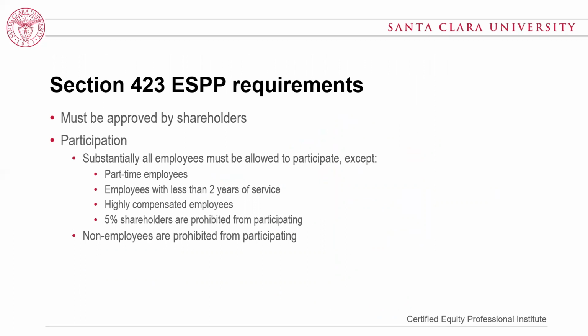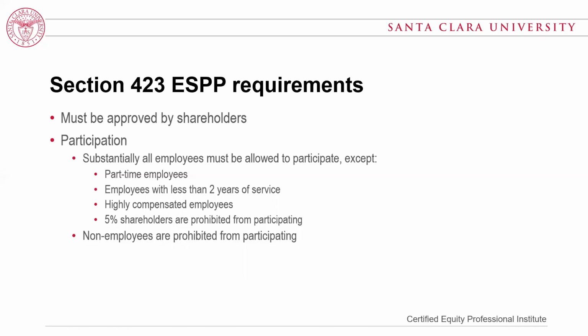There are some similarities with ISOs, but there are some important differences. If a company has a Section 423 ESPP, participants enroll and elect amounts to contribute from each paycheck, which means they aren't discretionary in the same way that stock option grants are.